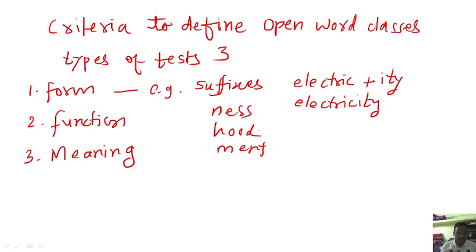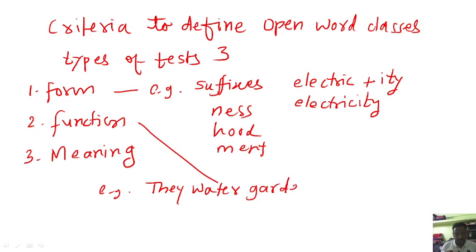So you have studied it. Now, what about the function? Function is the most reliable test to define open word classes. Let's understand with an example. They water the garden with the waste water.